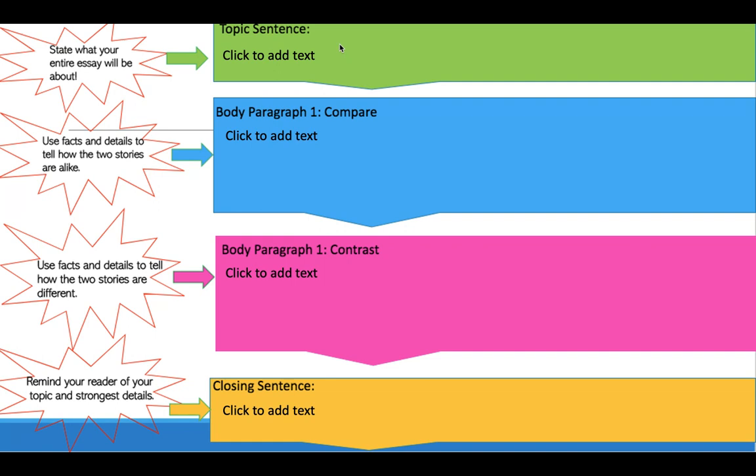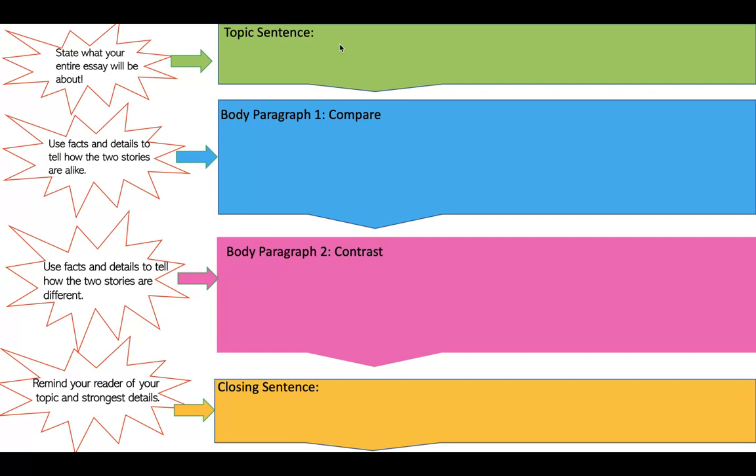Then your final, in the yellow, it says closing. You need a closing sentence, but accompany that closing sentence with some wrap up. Okay, that's where you have the strongest details about your topic, and you are going to wrap everything up that you talked about.